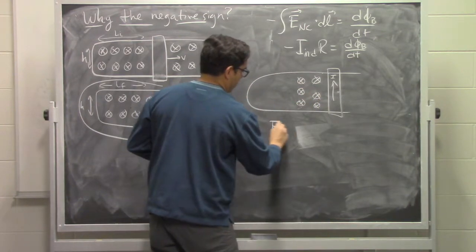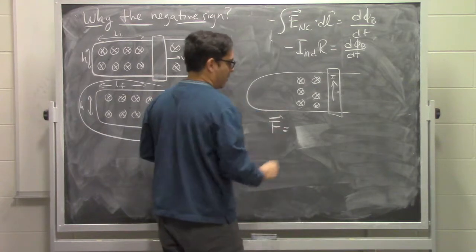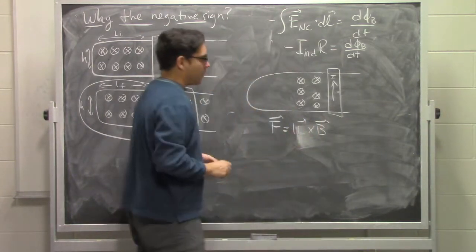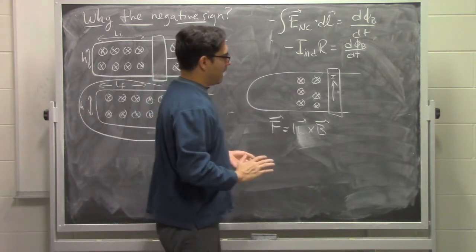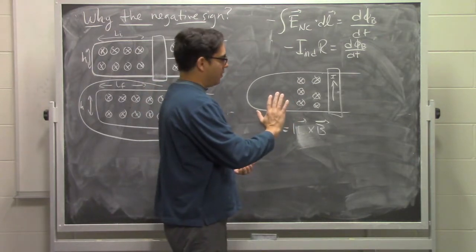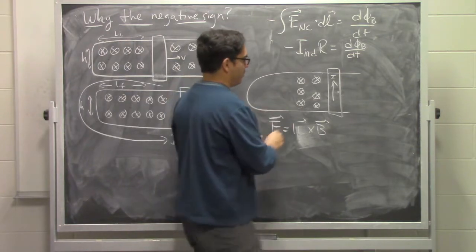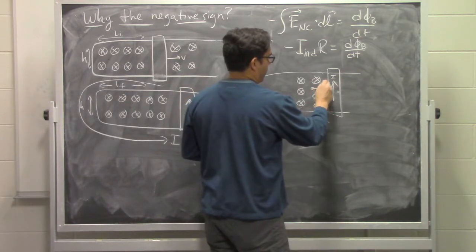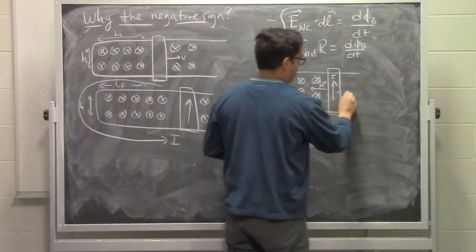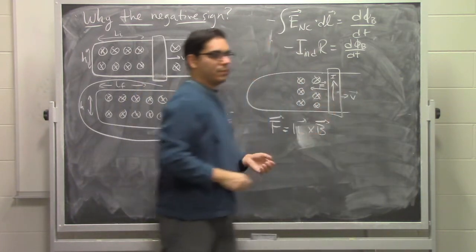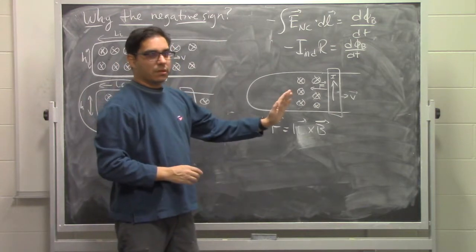And if we go back to our statement of magnetic force, which is IL cross B, the I points upward, so that's the direction of L. The B points into the page, so the right-hand rule tells us that this bar will experience a magnetic force back that way. And because it was kicked to the right, it's going to be slowing down as it moves across, which is really nice.